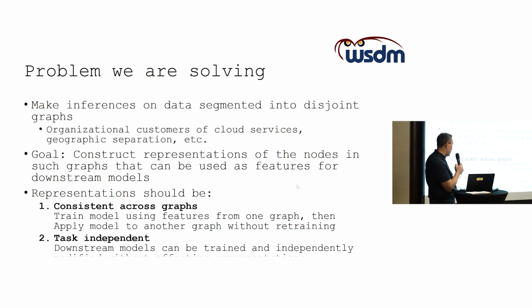The requirement we have for those representations is that they should be consistent across the graph, so that we want to be able to build the downstream model on one graph or a set of graphs, and for that model to be able to perform on other graphs that it has not seen during the training.